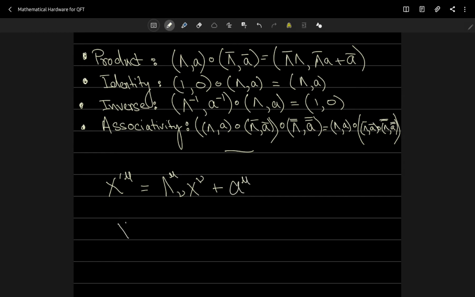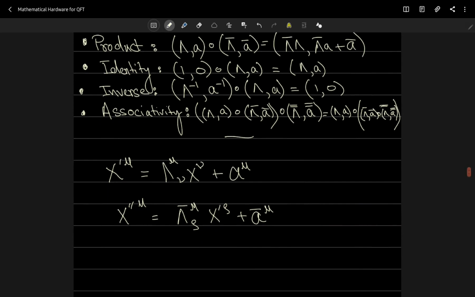And x double prime mu would be written as some other lambda, so lambda bar mu rho x prime rho plus A bar, that is some other translation mu, right?